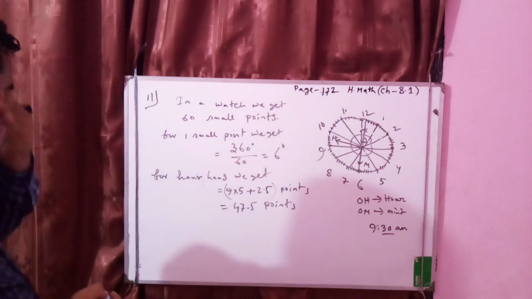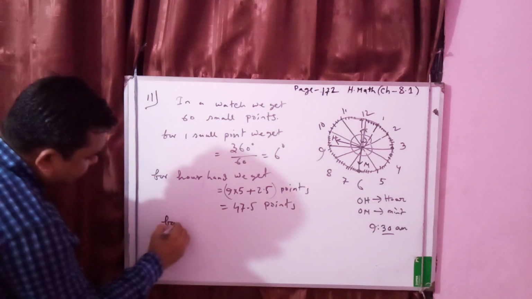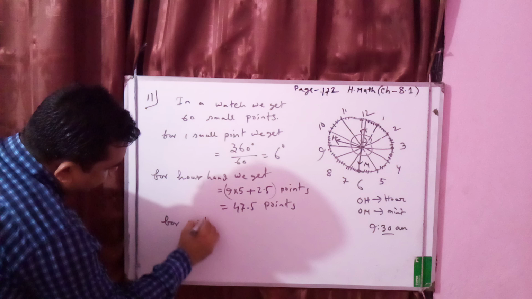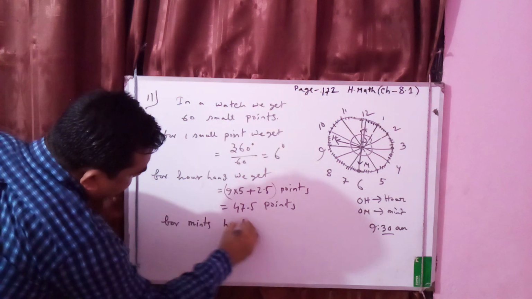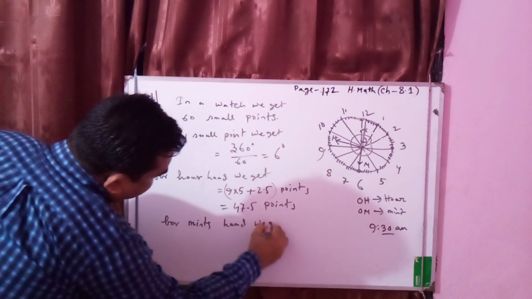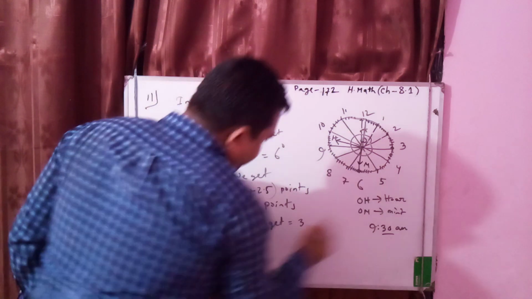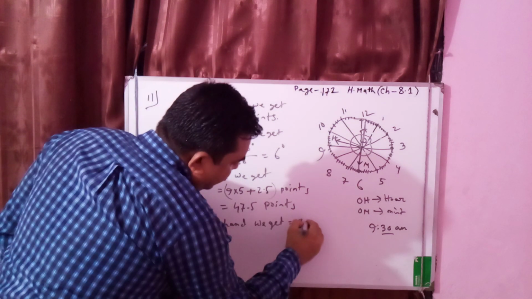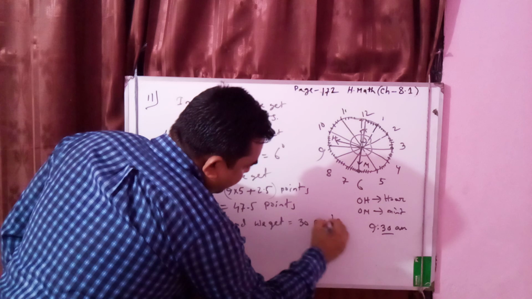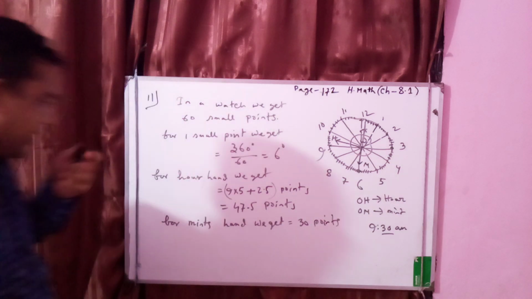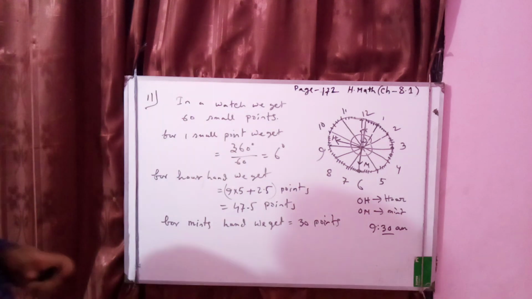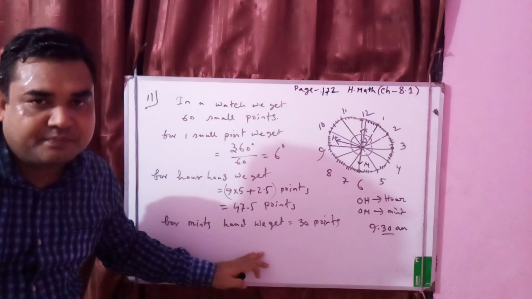Okay, for the minute hand, that means 30 minutes, we get 30 points. Is it clear?